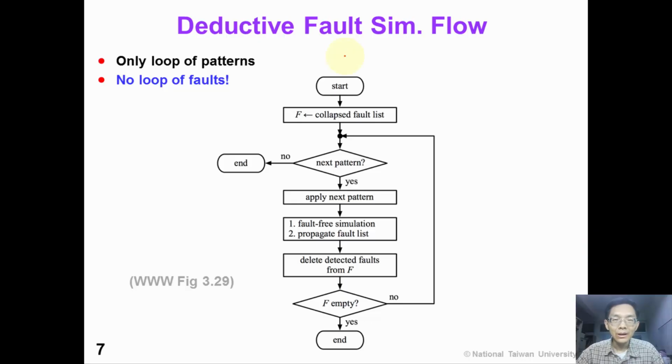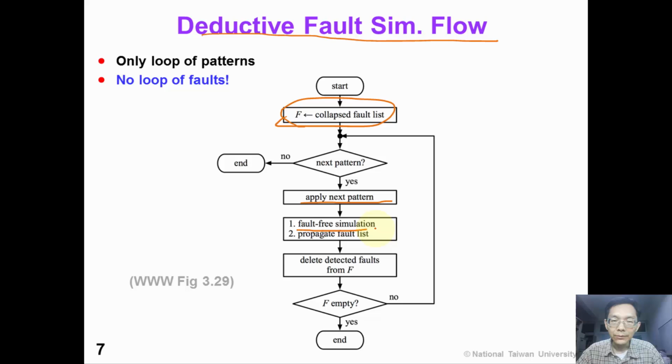Now, let's see the flowchart of deductive fault simulation. Given a collapsed fault list of the whole circuit F, we apply a new pattern.